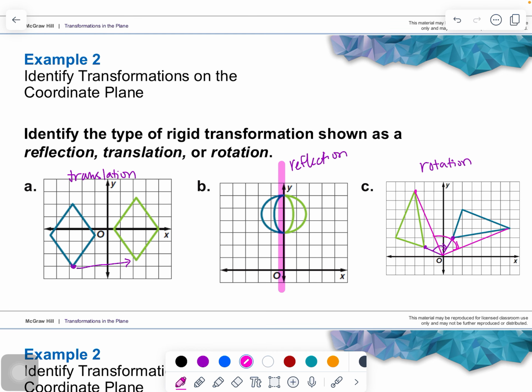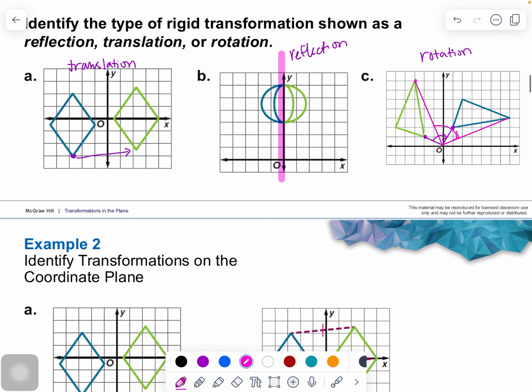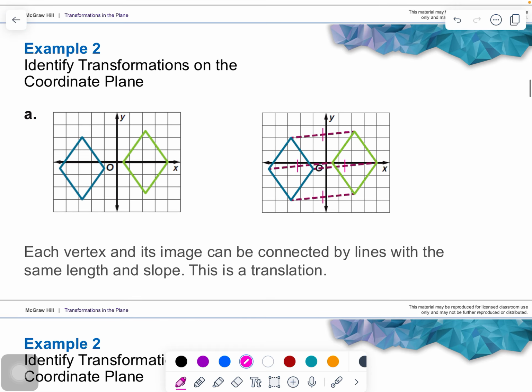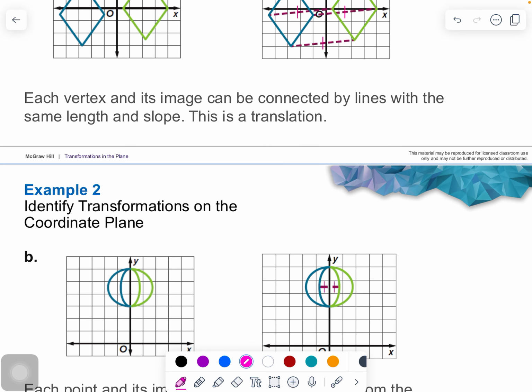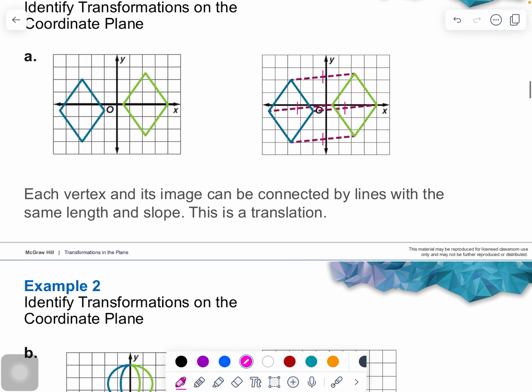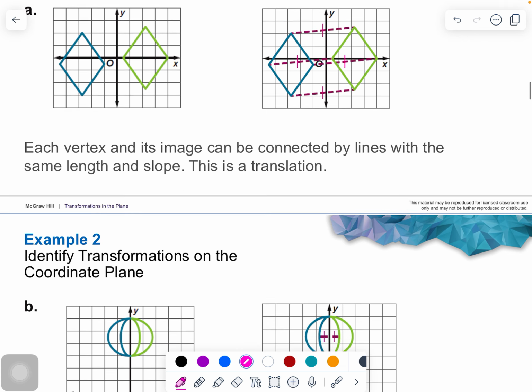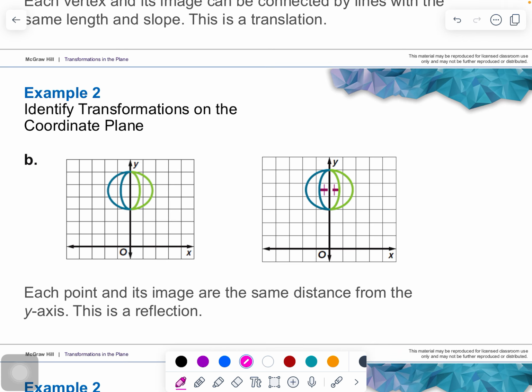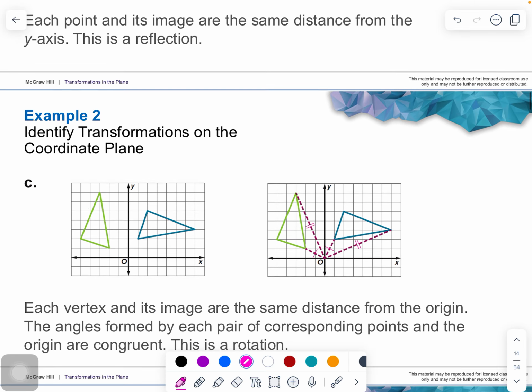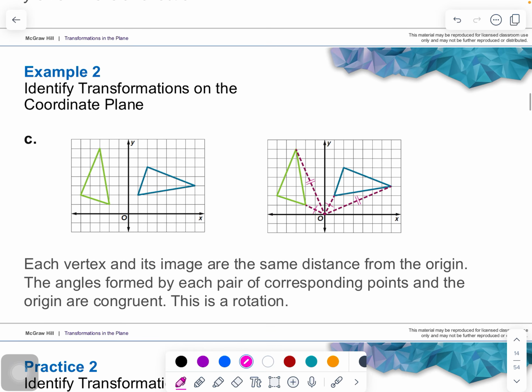I could draw lines from the origin to all of those vertices, and they all rotated 90 degrees, all in the same direction. So: translation, all the same distance; reflection; and rotation.